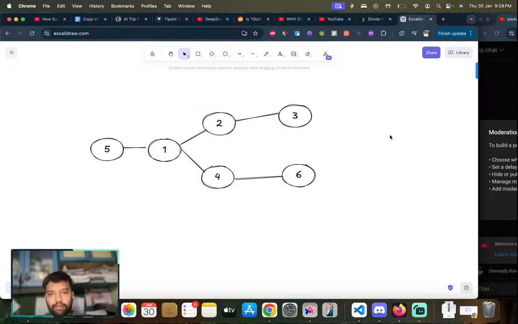No, it does not work. Group 1, group 2. This and this have to be in different groups. So adjacent nodes have to be in different groups. So group 1, group 2, group 3, group 4, group 5, group 3, which does not work. So only these two can be in one group, I think.